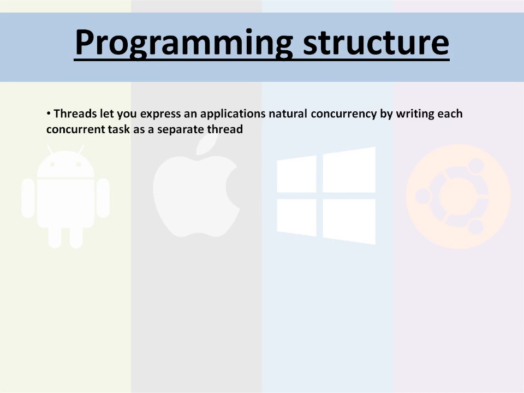Threads let you express an application's natural concurrency by writing each concurrent task as a separate thread. Many problems that you'll face in programming will have obvious ways in which you can divide them up into multiple tasks, and threads allow us to express that.